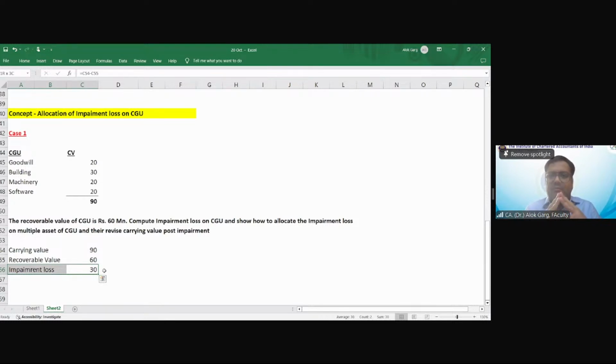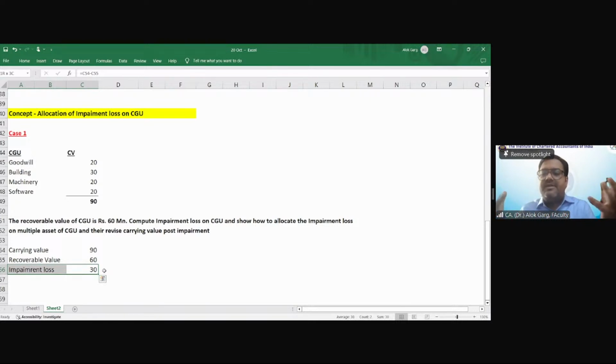Hemant is asking, sir, why goodwill should be included in CGU? Hemant, first of all, let me clarify. What is a cash generating unit? It's a group of assets which can generate cash flow independently. What is a business? The business is a group of assets.